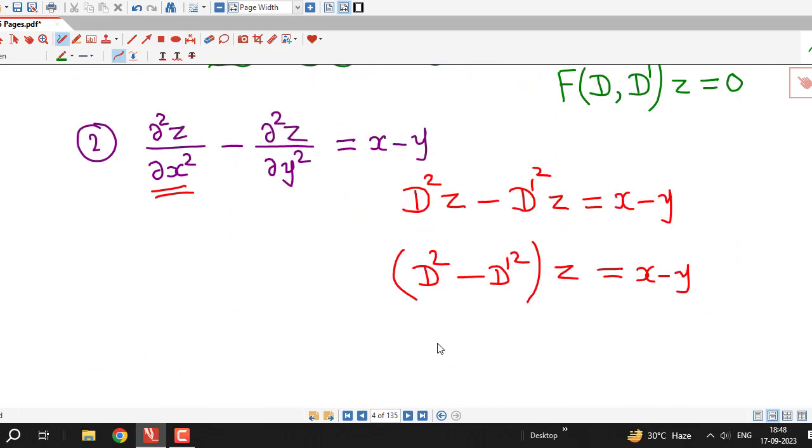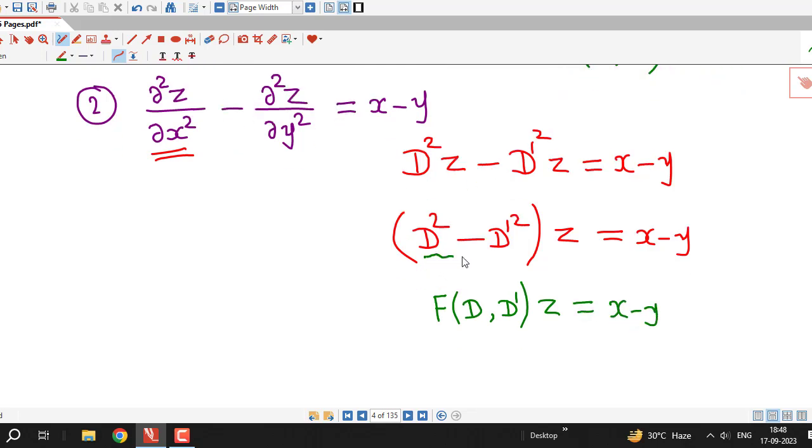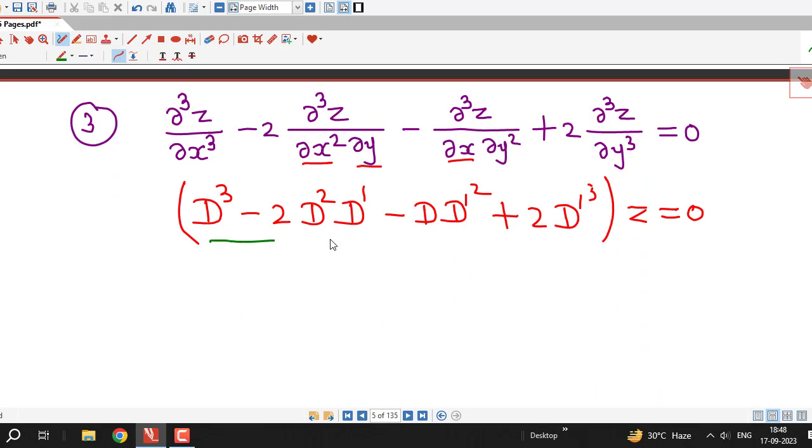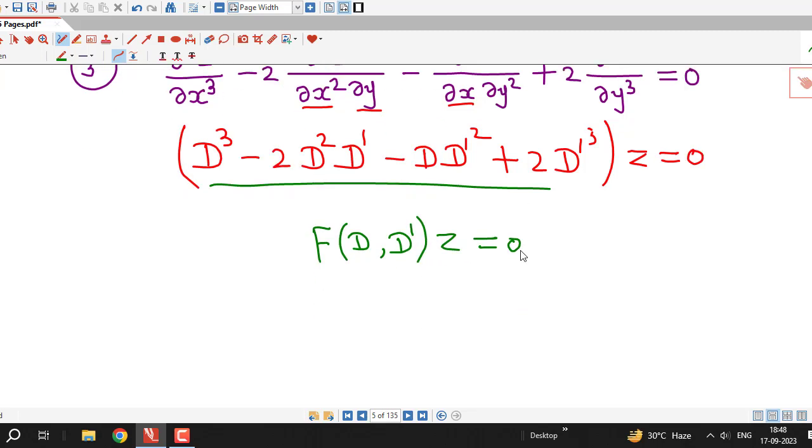Same thing here, F of D, D dash, z equal to x minus y, where F of D, D dash is D squared minus D dash squared, equal to x minus y. Here this is our function of D and D dash, z equal to 0.